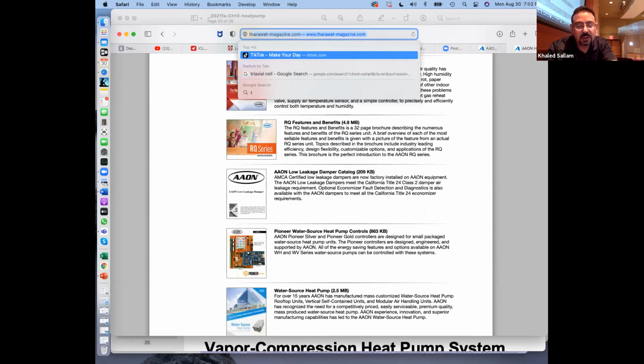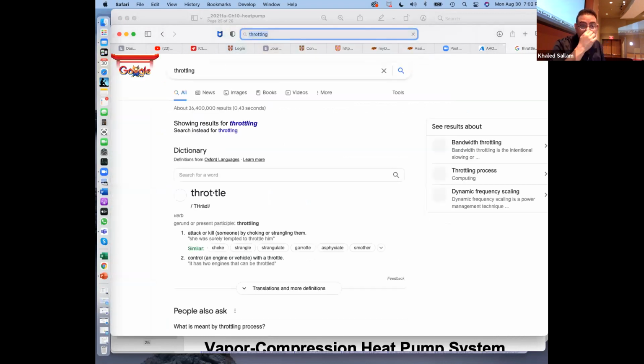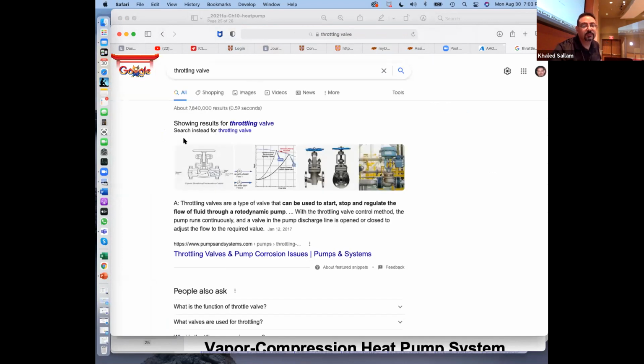If you look at all the fridges, that throttling valve was really a very tiny tube, a very tiny tube that is basically coiled like this. Why is it so tiny? So that there's a huge pressure drop over it. Just by going through that tiny tube, the pressure has to drop. Friction losses, basically.